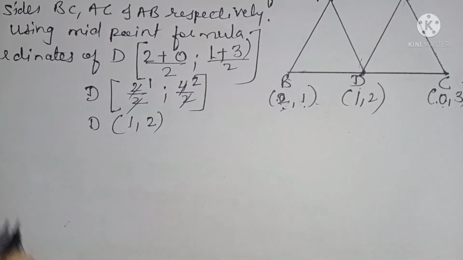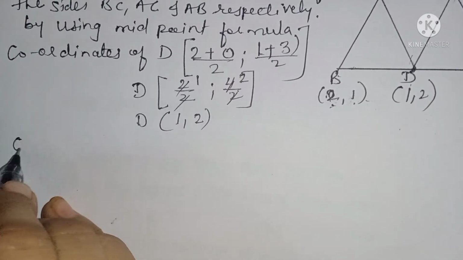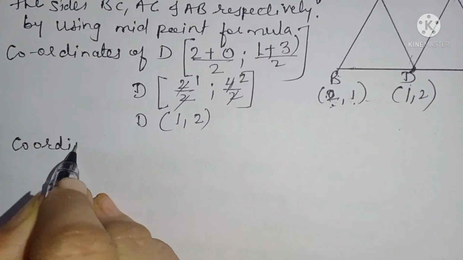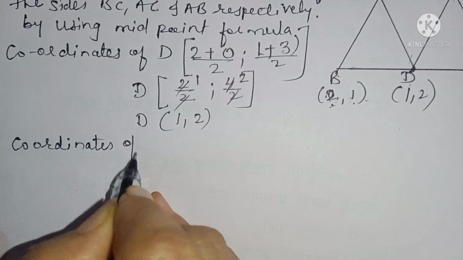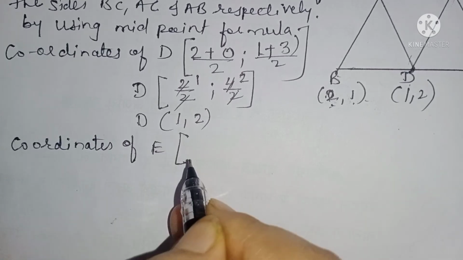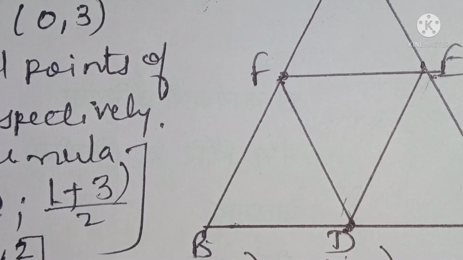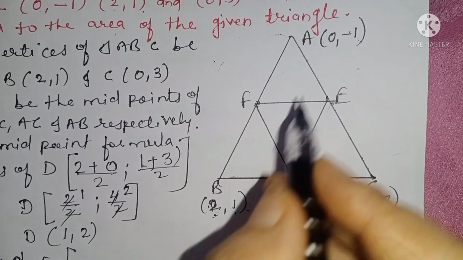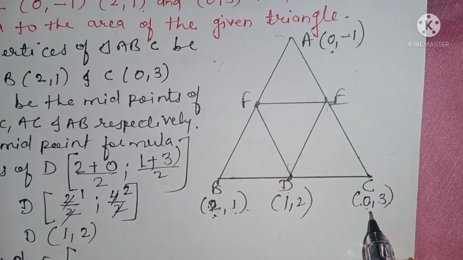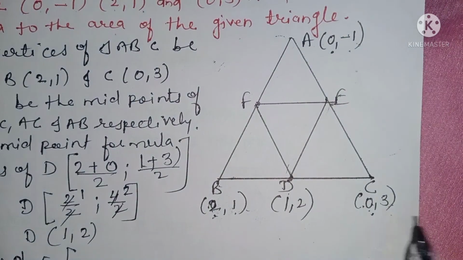Can we find similarly the coordinates of E now? Say x1, x2, look at this. What are x1, x2 here? Your x1 and x2 are 0, 0. And y1 and y2 are -1 and 3.